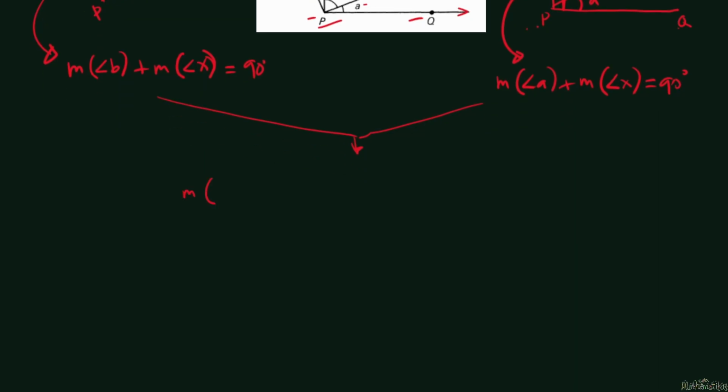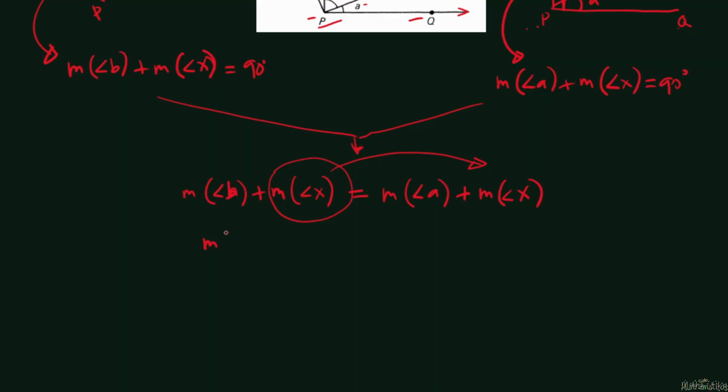So measure of angle A plus the measure of angle X is equal to the measure of angle B. Sorry, this one is B, plus the measure of angle X. So we will transfer this item here to the other side.